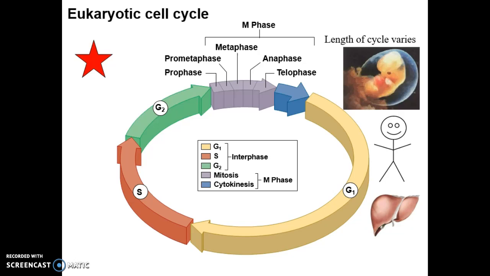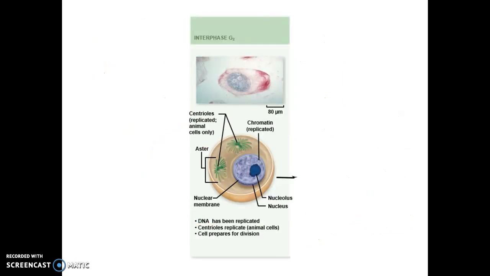So let's progress into the beginning of the cell cycle, or this entire process, and look at interphase. So key things during interphase: the cell grows, it replicates its DNA, and then it synthesizes or builds proteins and prepares for division.